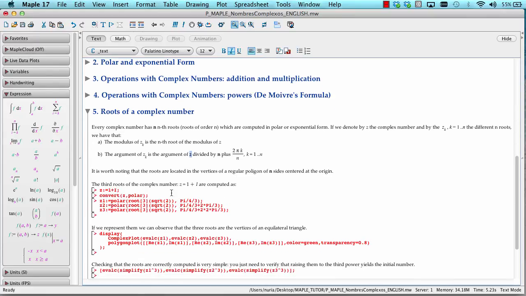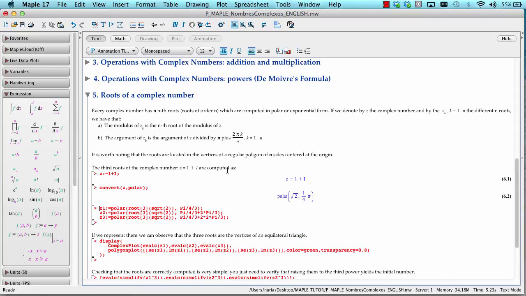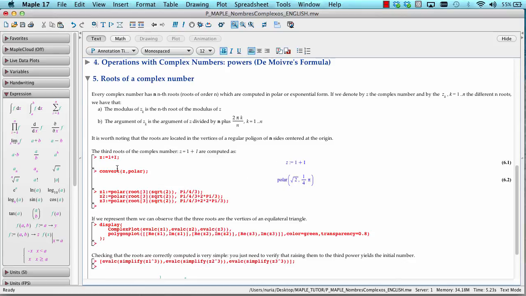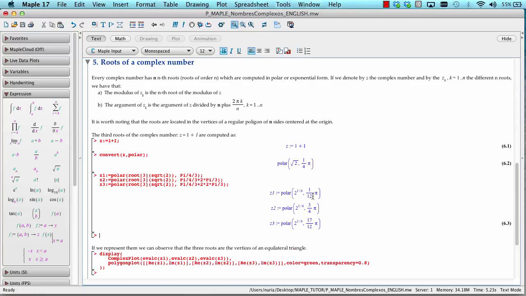So let's see a simple example, let's start with 1 plus i. Remember that we can only compute roots using polar form, so we convert it. The initial magnitude is square root of 2. If we want to compute third order roots, all the magnitudes are going to be the cube root of the initial square root of 2. So all of them have the same magnitude, which is the 6th root of 2. And then let's see the arguments. The first argument is pi divided by 4.